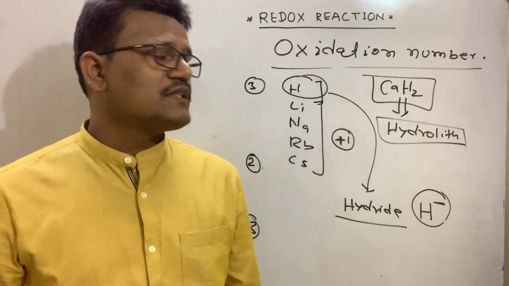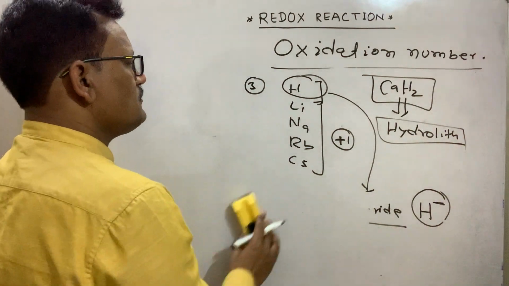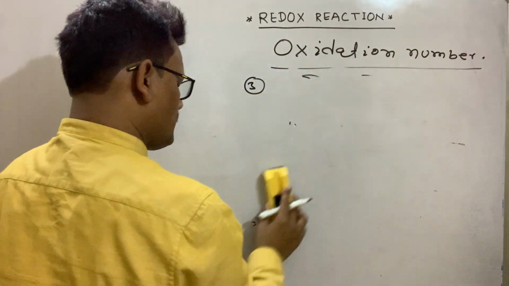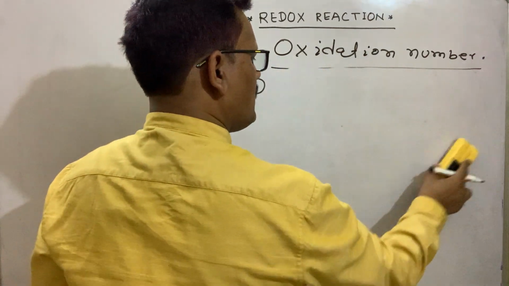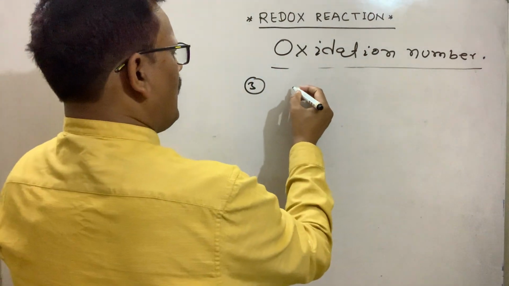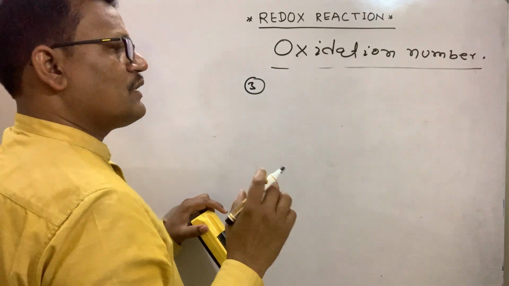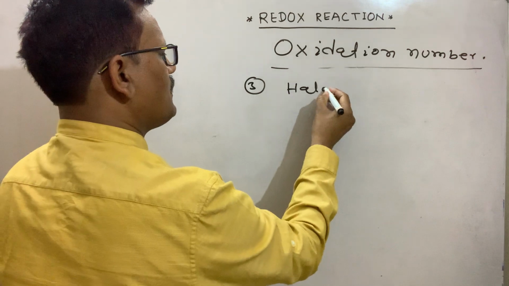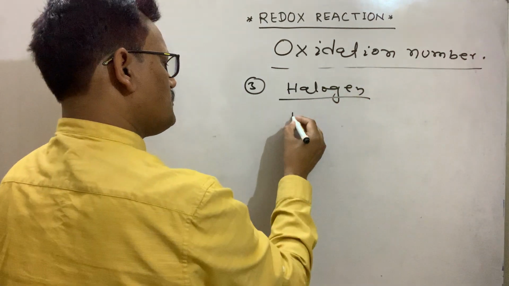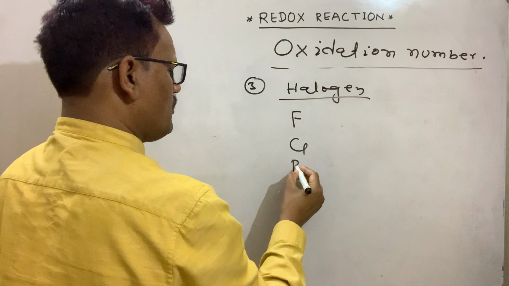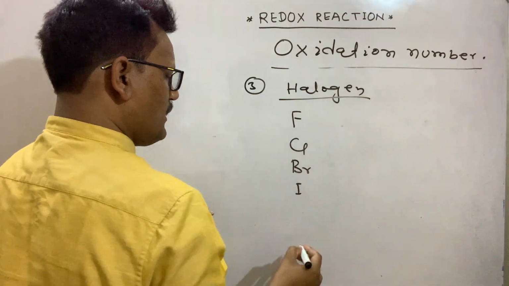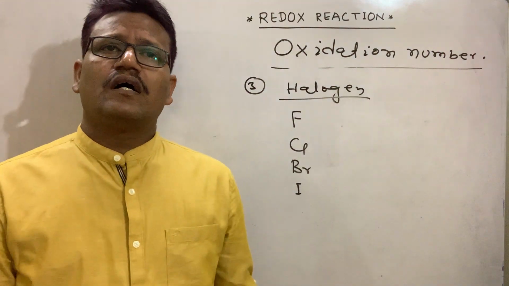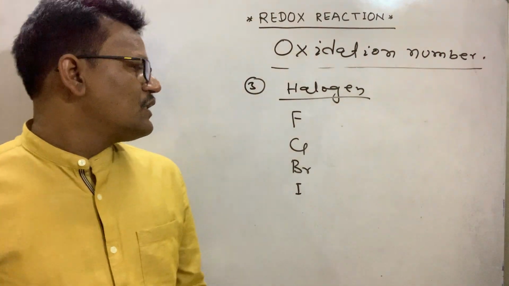That you must remember. Now, the next rule is about fluorine. That is a halogen. Halogen, that is the 17th group of the periodic table. The halogen group includes fluorine, chlorine, bromine, iodine, and lastly astatine. Astatine is a radioactive element.